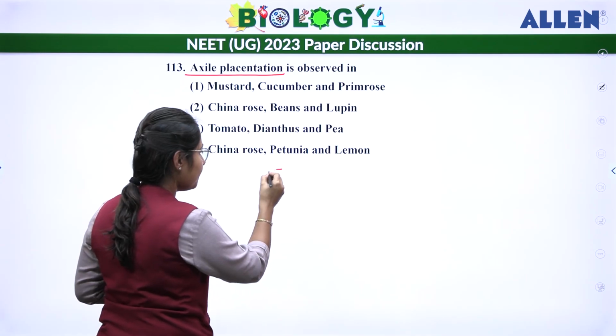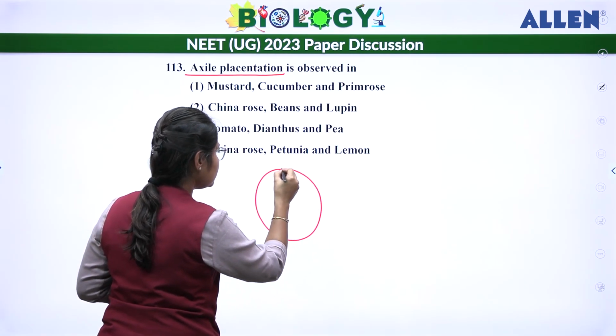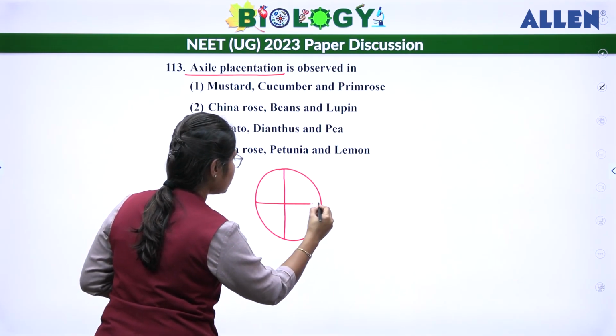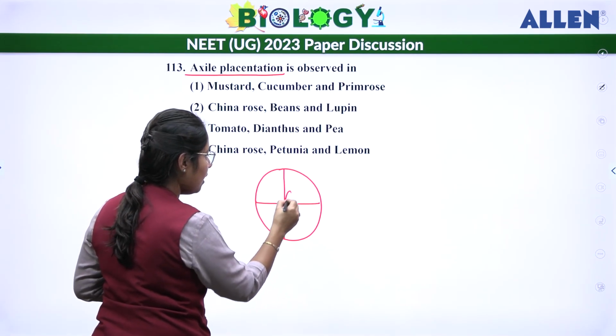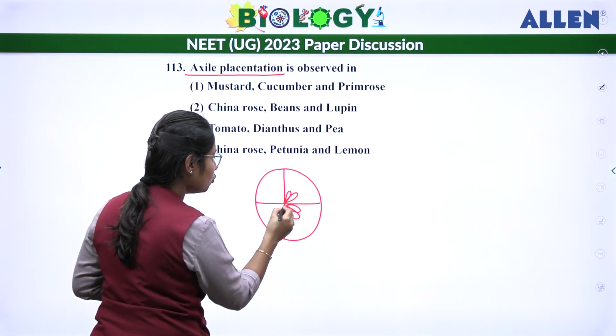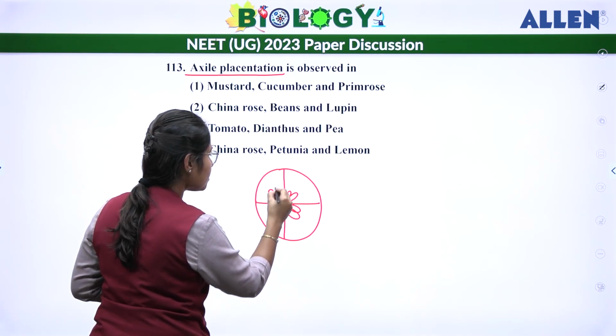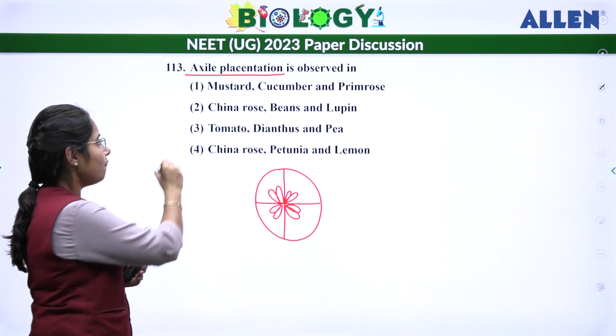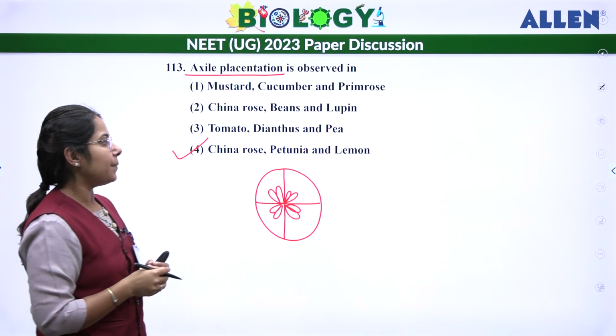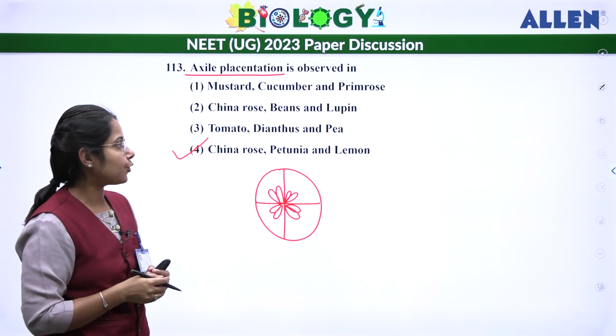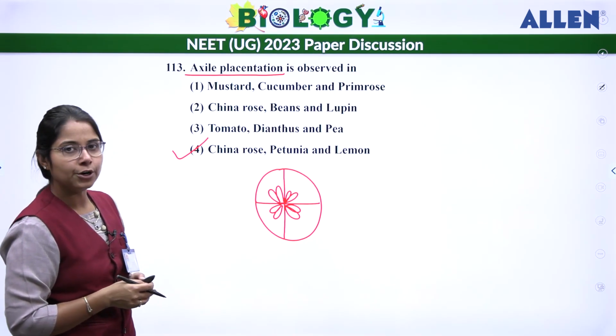You can see axile placentation will be like this. This is how the multiple locules will be there, and here you will have the ovules attached. This is axile placentation, which is seen in China rose, petunia as well as lemon. So the correct answer will be the fourth option.